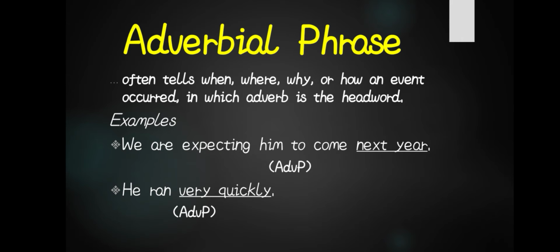Okay, next we have the adverbial phrase. These are phrases which often tell when, where, why, or how an event occurred, in which an adverb is the head word. For example, we are expecting him to come next year. Kanang inyong timan-an ang difference sa adverb ug adjective. Pag ang word gani mag-describe siya og noun or pronoun, adjective na siya.